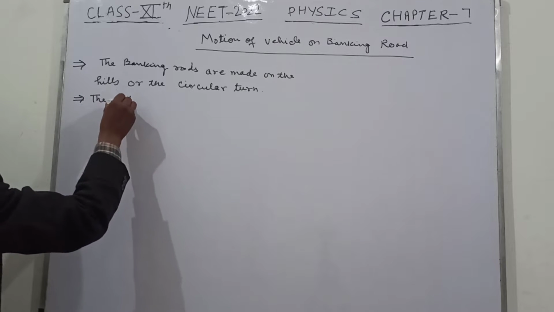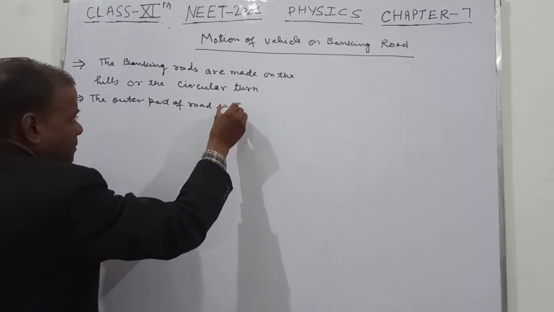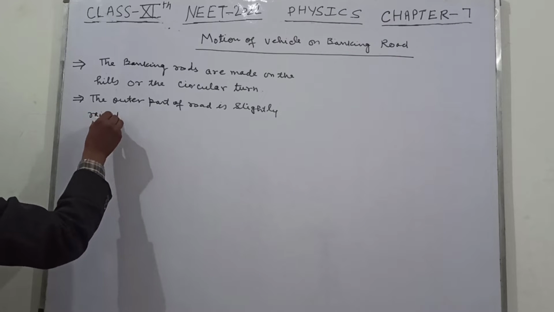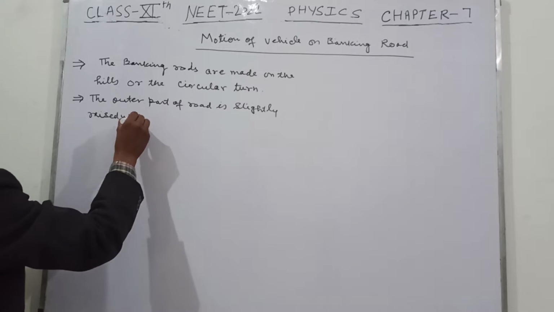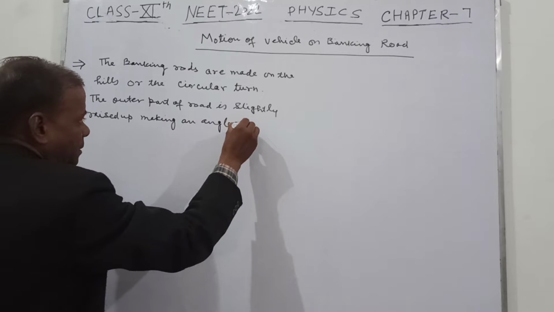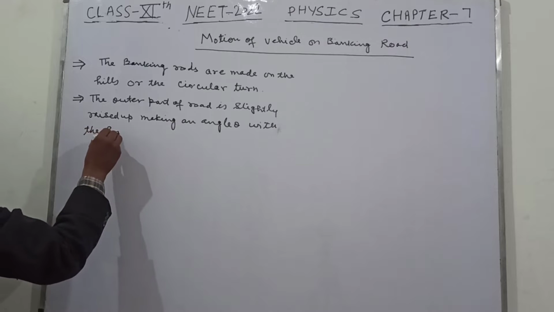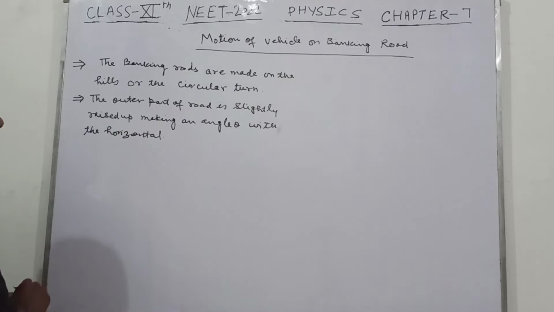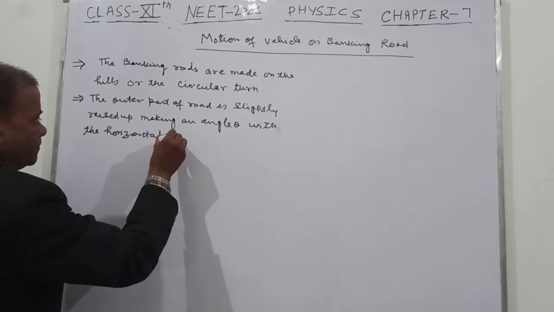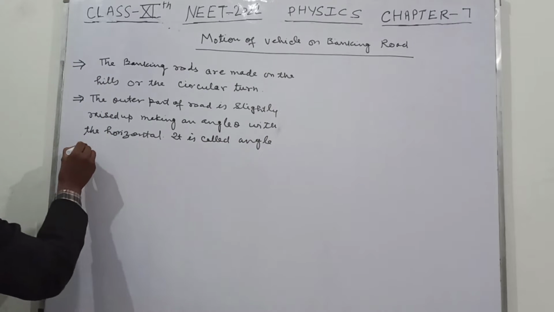The outer part of the road is slightly raised up, making an angle theta with the horizontal. With the horizontal, it is called the angle of banking.